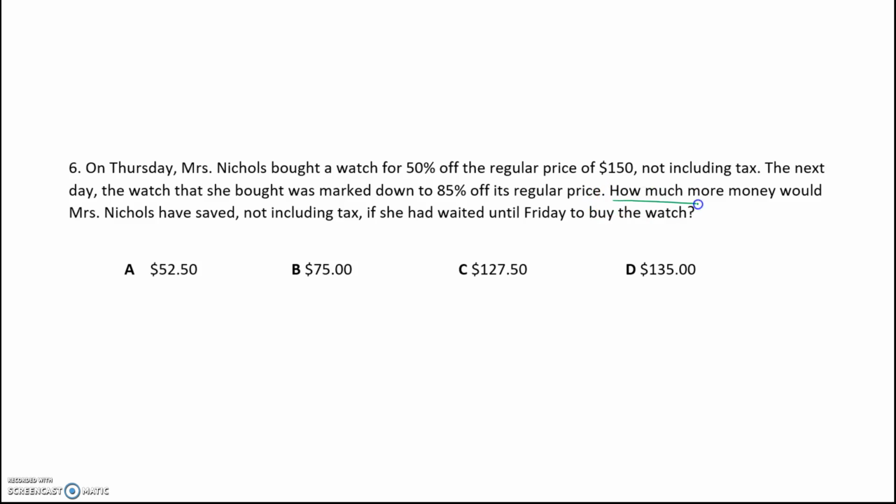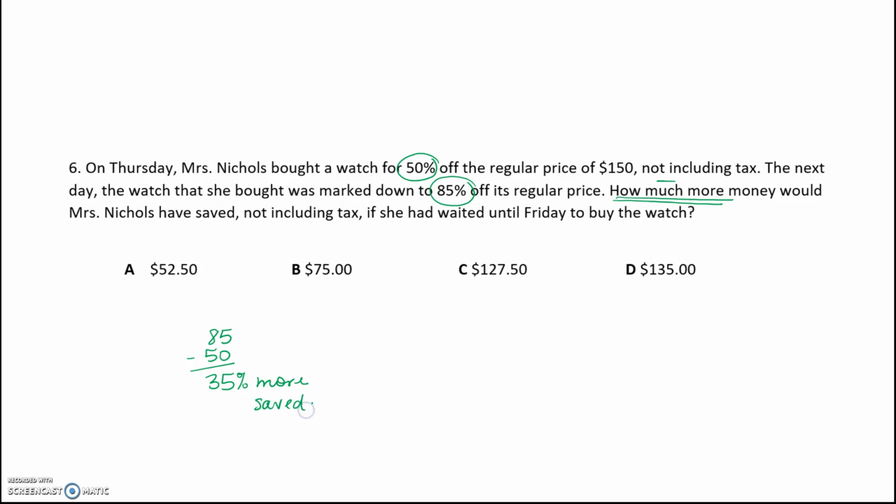All right, so how much more is our trigger. How much more means we do what operation? Subtract, okay? So she bought it for 50% off, then it went to 85% off. So how much more would she have saved? So we're going to take the 85% and subtract that 50%. So she would have saved 35% more.